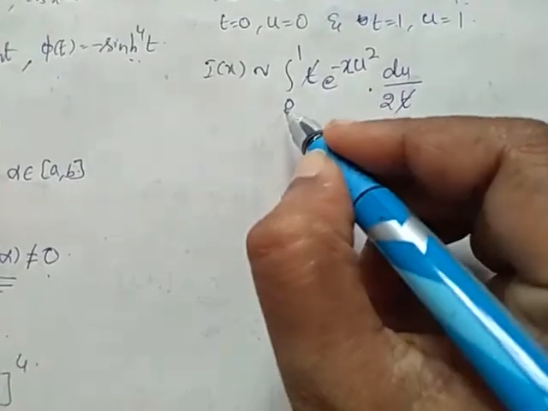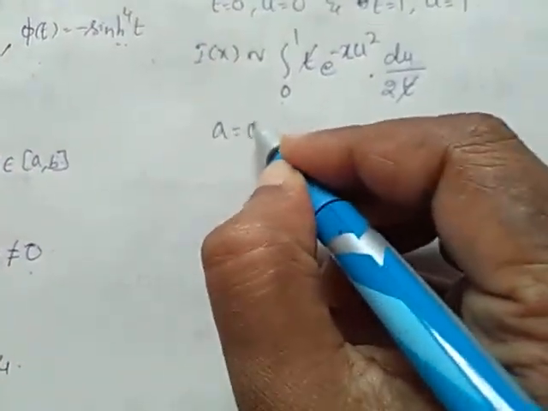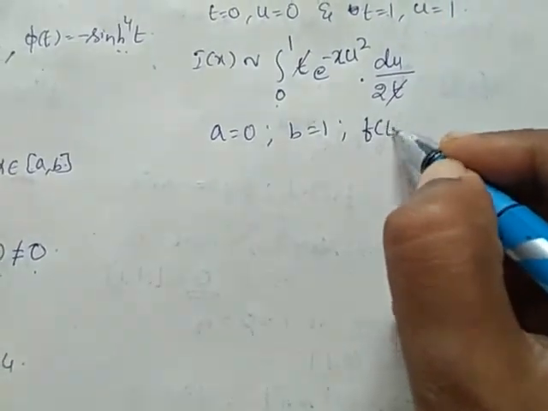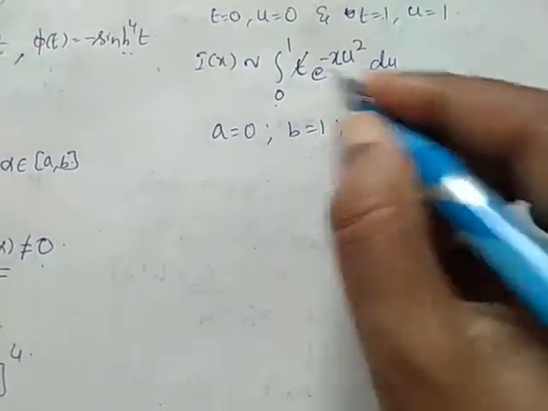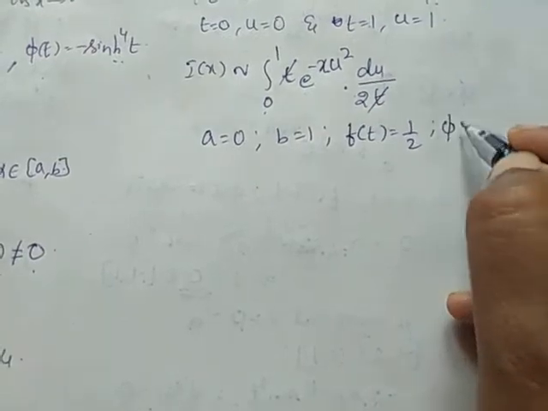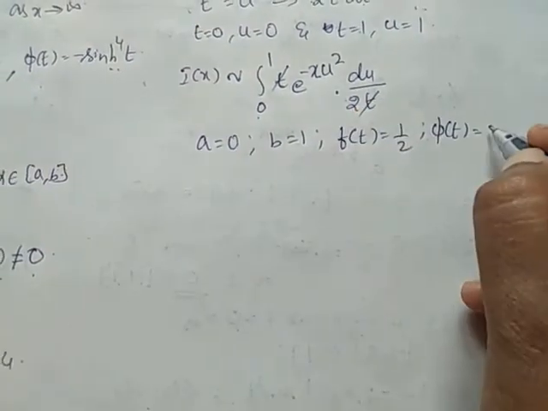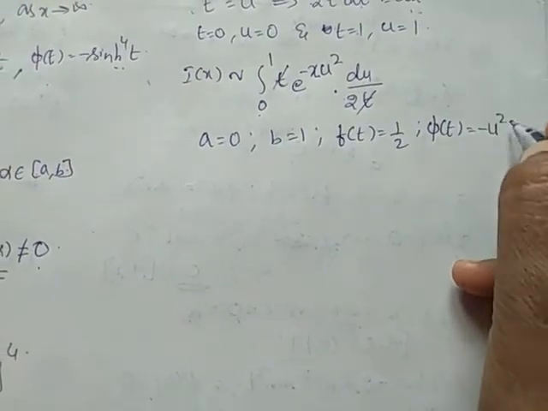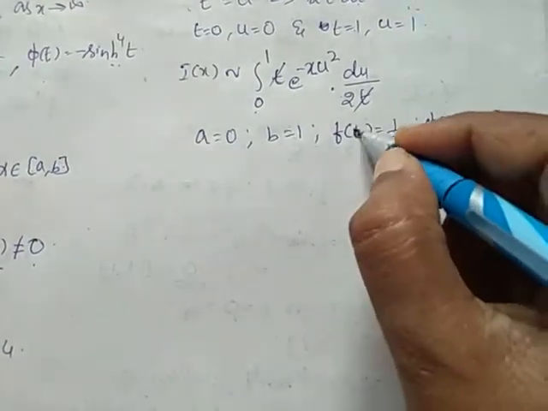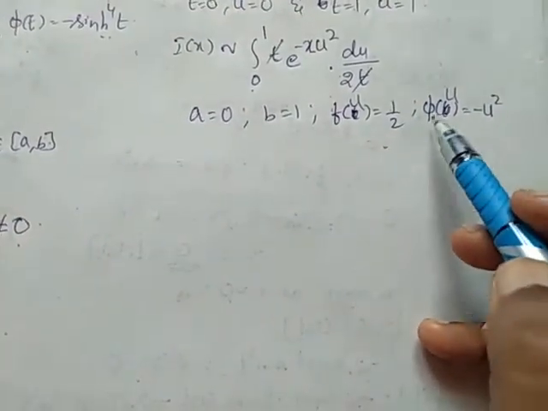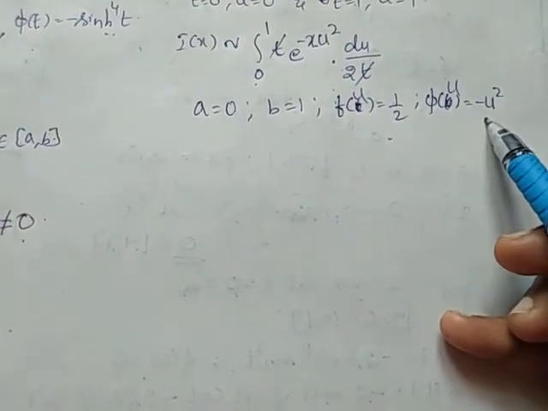In this case, a is 0, b is 1, f of t is constant 1 by 2 and phi is minus u square. Sorry, this is u now. So, f of u is 1 by 2, phi of u is minus u square.